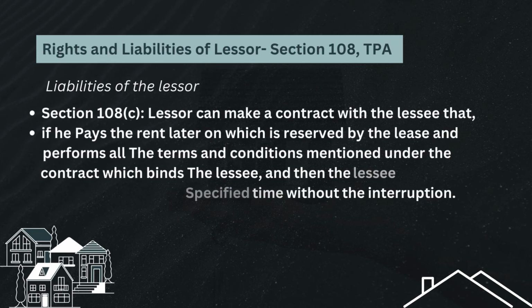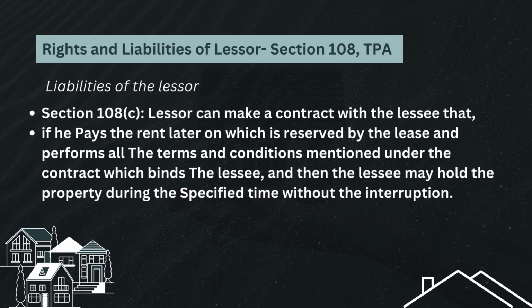Section 108 clause C: the lessor must allow that if the lessee pays the rent reserved by the lease and performs all the terms and conditions of the contract, the lessee may hold the property during the specified time without interruption.